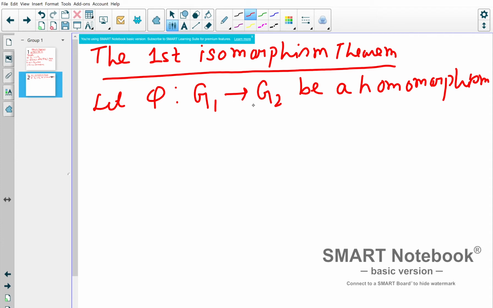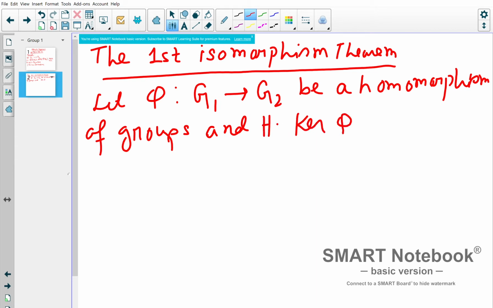So I am assuming G1, G2 are any groups, so it need not be finite, it can be infinite also, okay. And say I am assuming the kernel of phi, let me write down the name, say H, H is the kernel of phi, okay. And then obviously we know that kernel is a normal subgroup, so already proved it, okay.